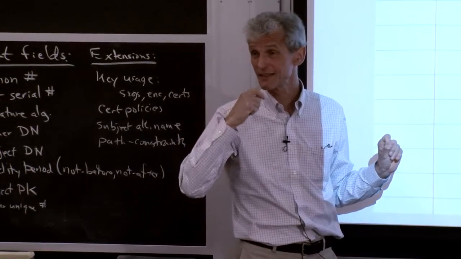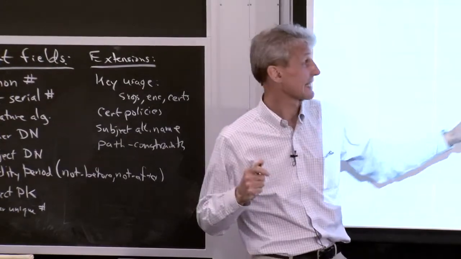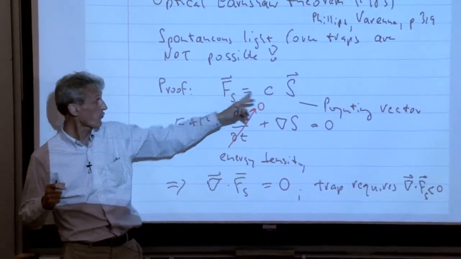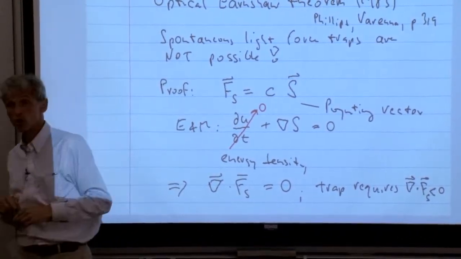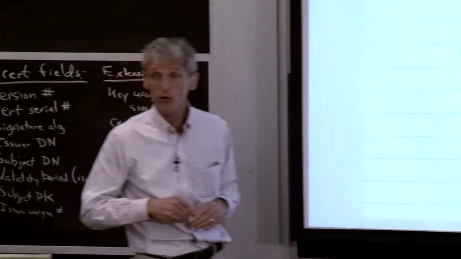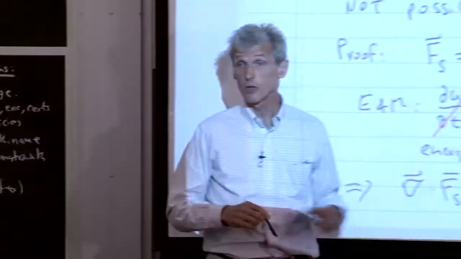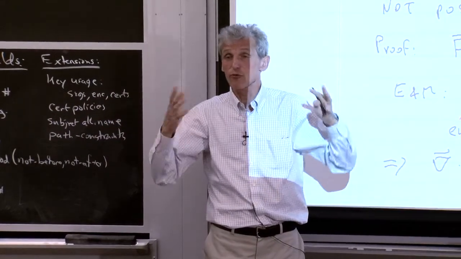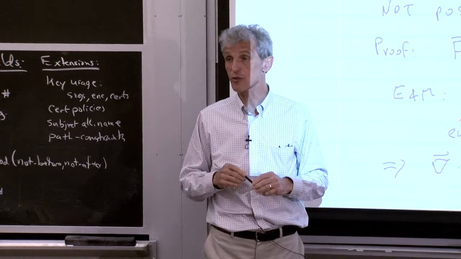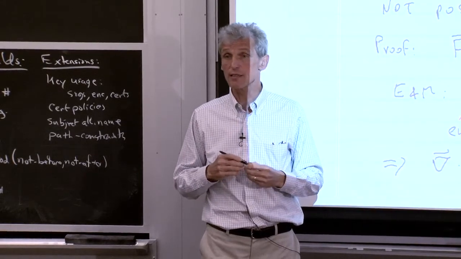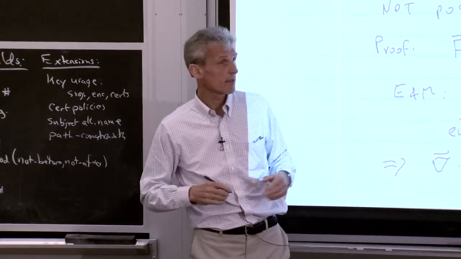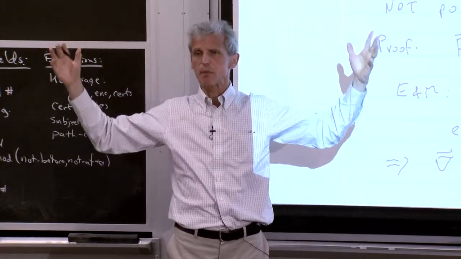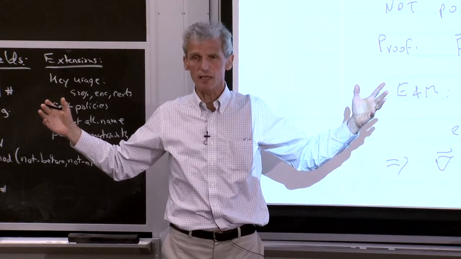Yes, Boris? Like the spatial variation of C. Yes, exactly. The force is not just proportional to the Poynting vector. This would be true if I had grains of sand. But photons have to fulfill a resonance condition. You can assume I'm an atom, but I have a spatially varying magnetic field around me.